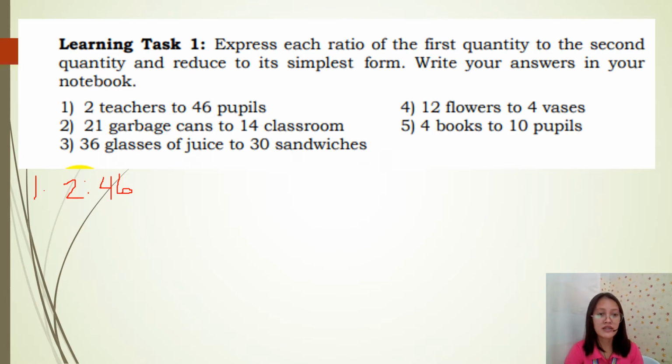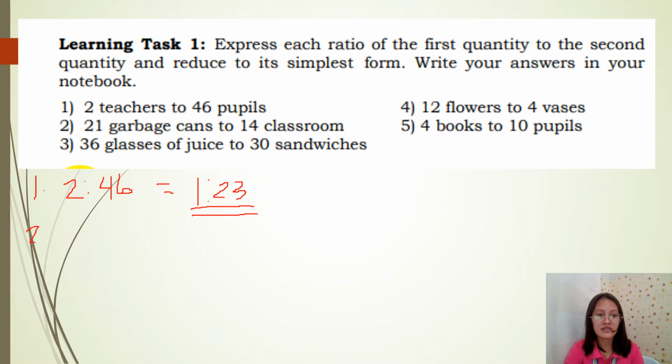So that is 2. So by doing so, 2 divided by 2, we're gonna get 1 and then 46 divided by 2, we're gonna get 23. Therefore, our simplest form is 1 is to 23.